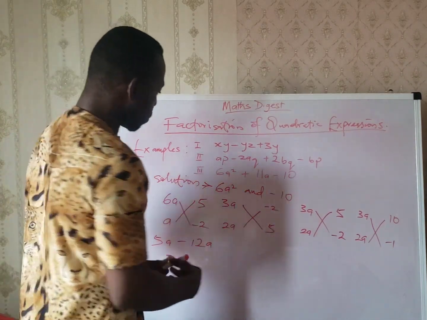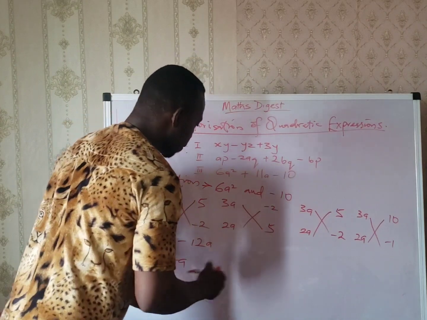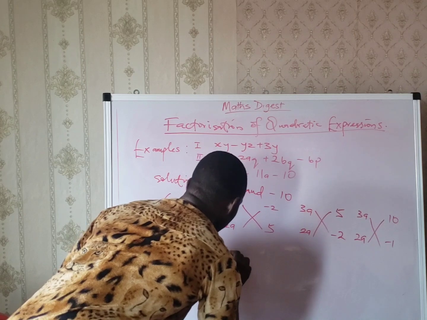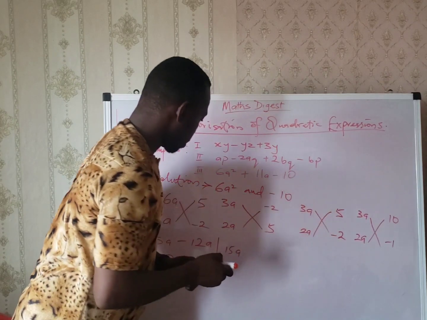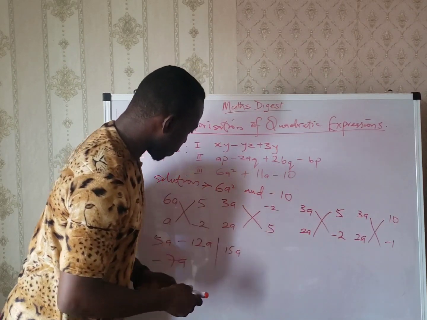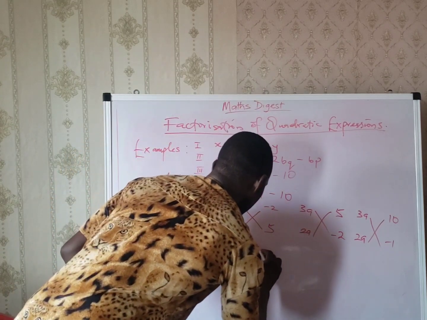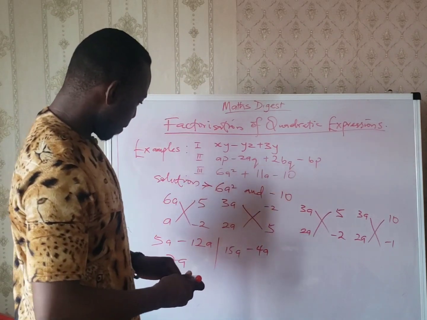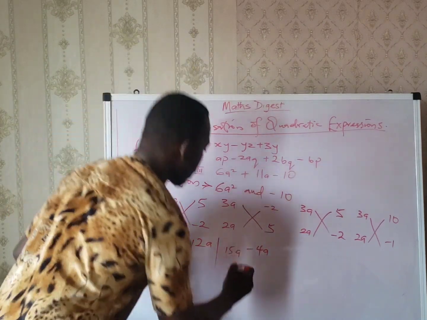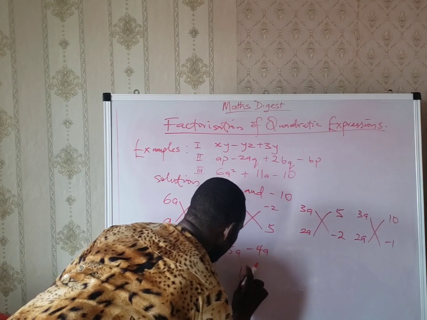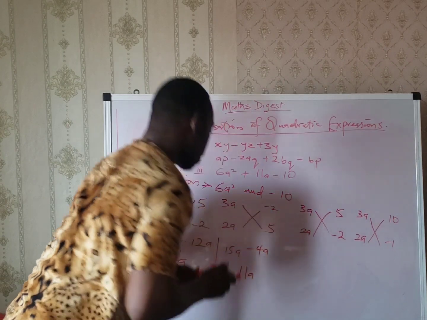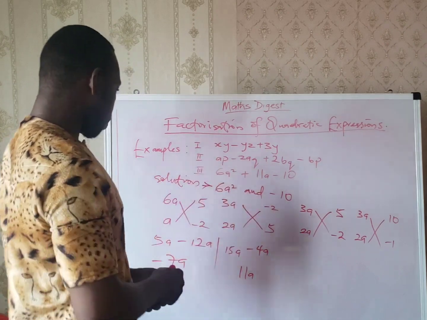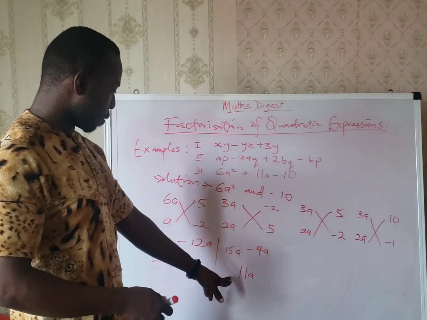Now for this, we say this times this will give us 15a, while this times this will give us minus 4a. Now when you add this together, yes, this will give us positive 11a.